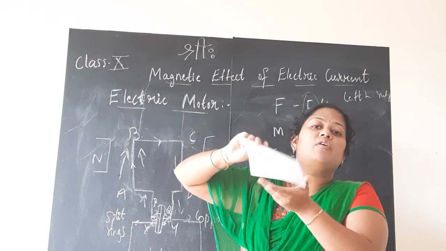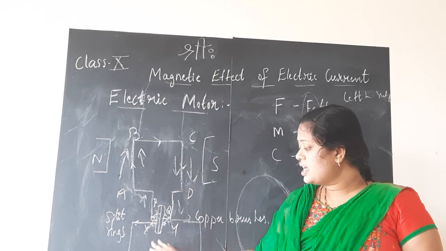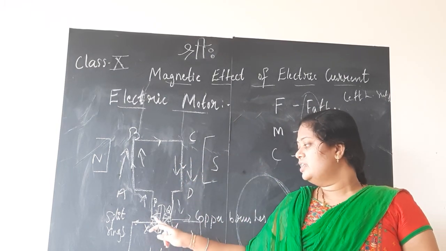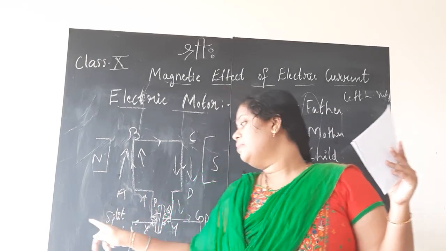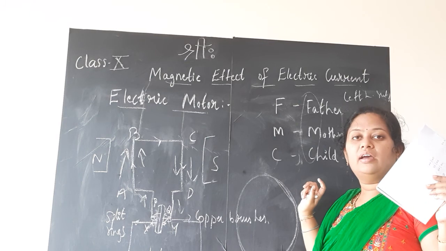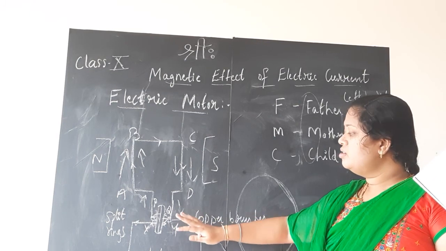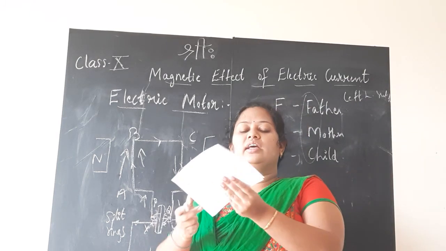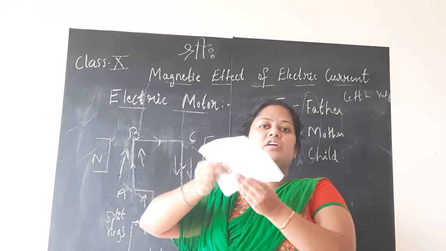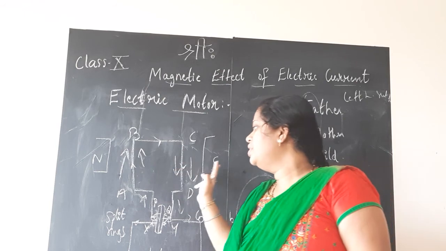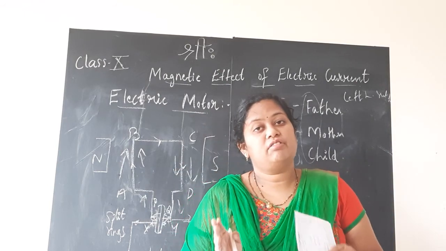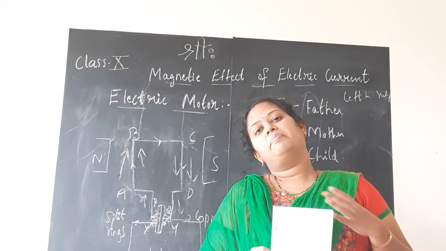Hence what they used is, they removed this battery plug key and connected it to the split rings PQ and the copper brushes labeled as XY in your textbook. So when they connected, they got the complete rotation of the rectangular lamina which is placed between the powerful magnetic field or the powerful magnets.